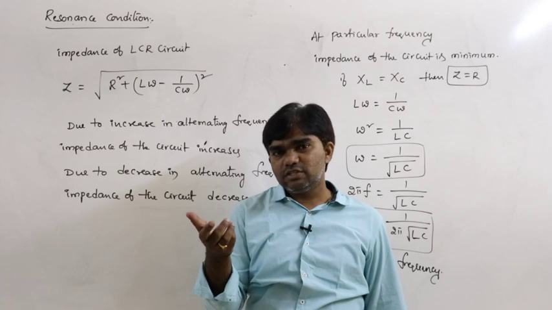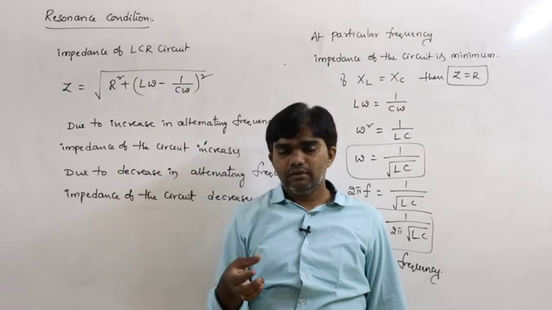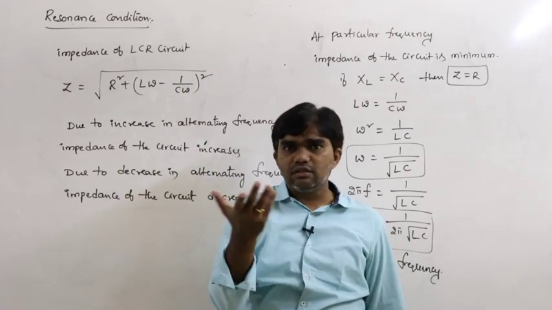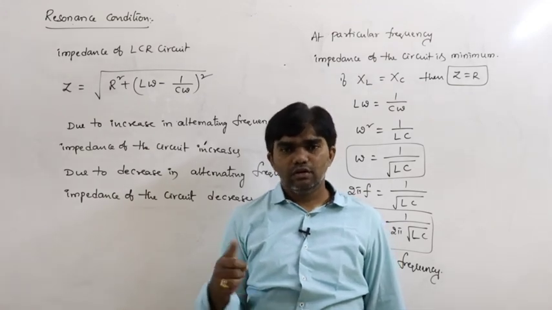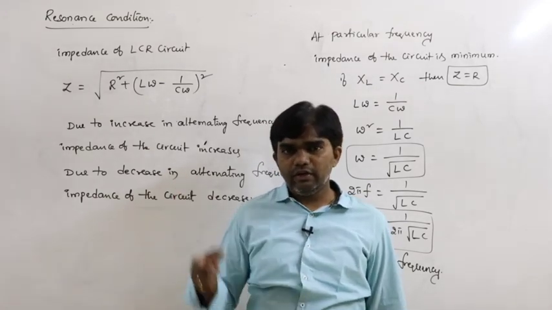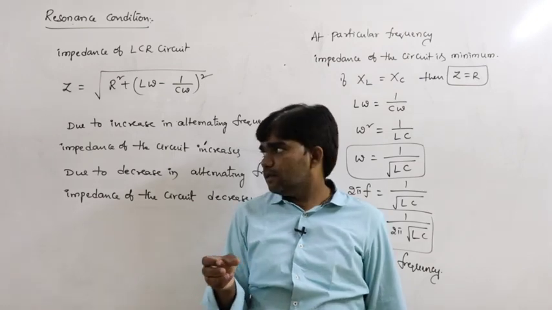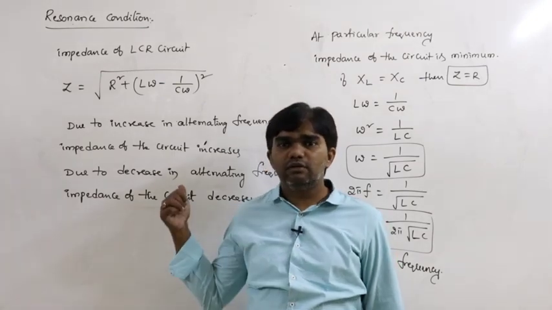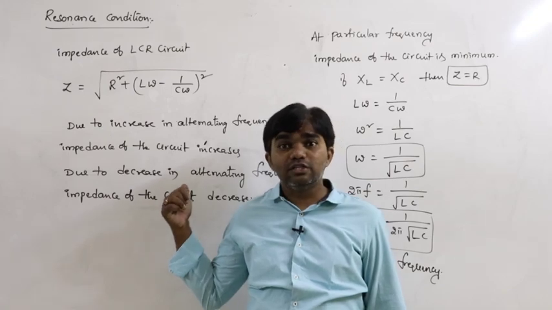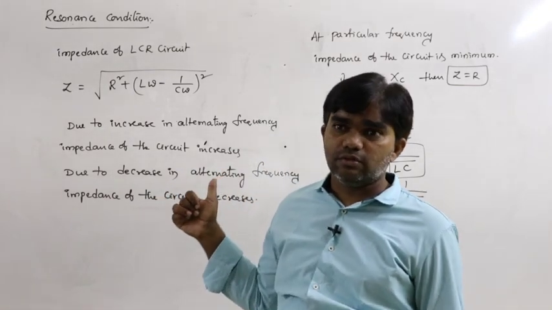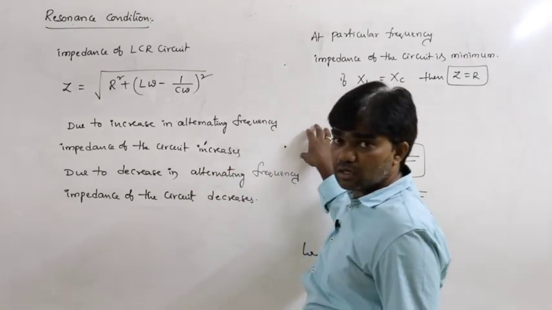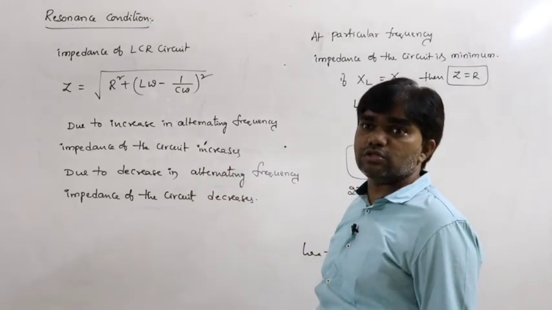At a particular frequency, the channel will appear. Due to increase or decrease, the channel does not appear. TV channels, TV remote, radio tuning, everything is based on this LCR circuit. These are called tuning circuits, and these are the resonant circuits.